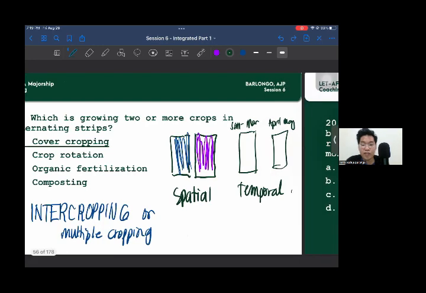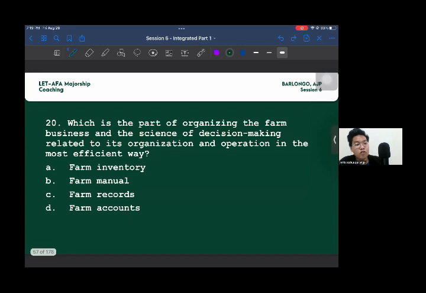So last, before we take our longer break, which is the part of organizing the farm business, and the science of decision making related to its organization and operation in the most efficient way.